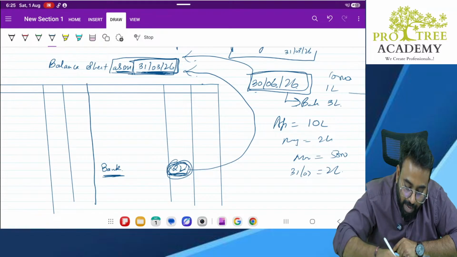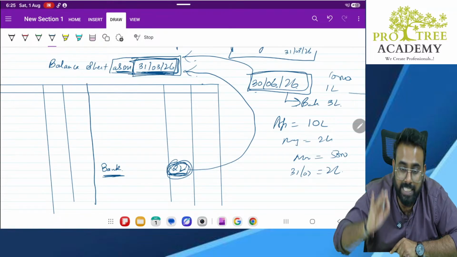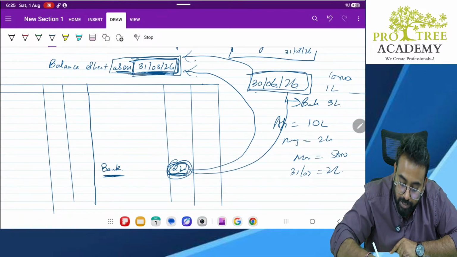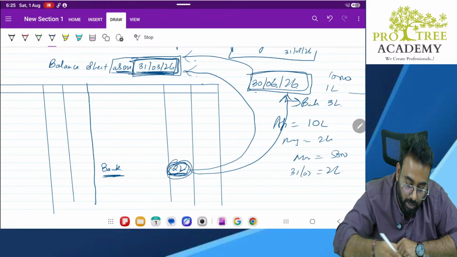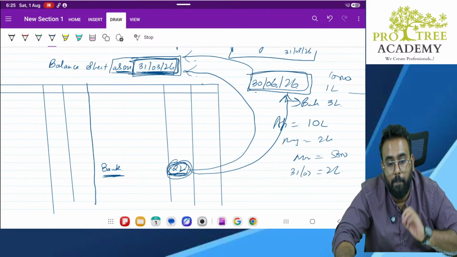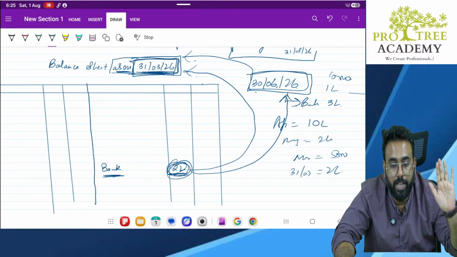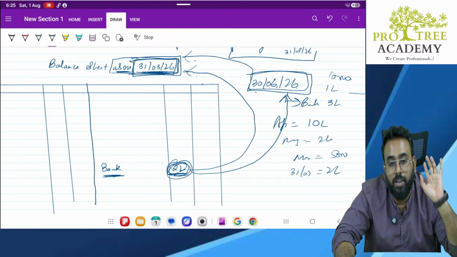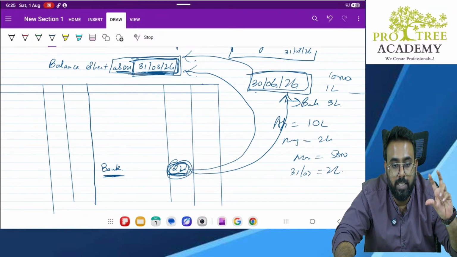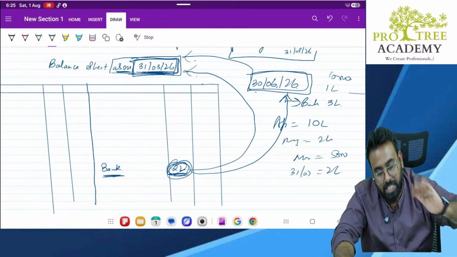This is the balance on this date. The balance will change on other dates for sure. So that is why we always consider that the balance sheet is prepared on a particular date. The assets and liabilities shown in the balance sheet are as on that date, whereas your P&L consists of the entire year's transactions.